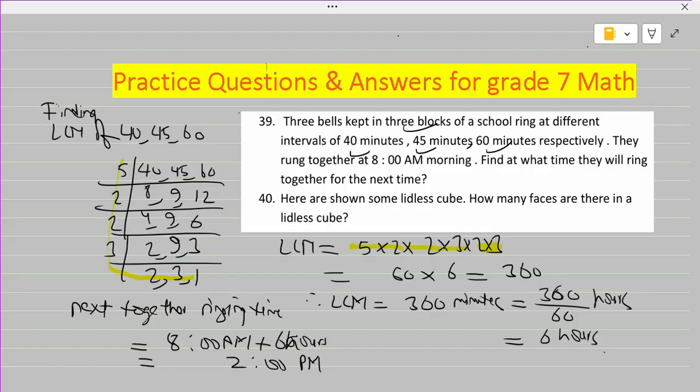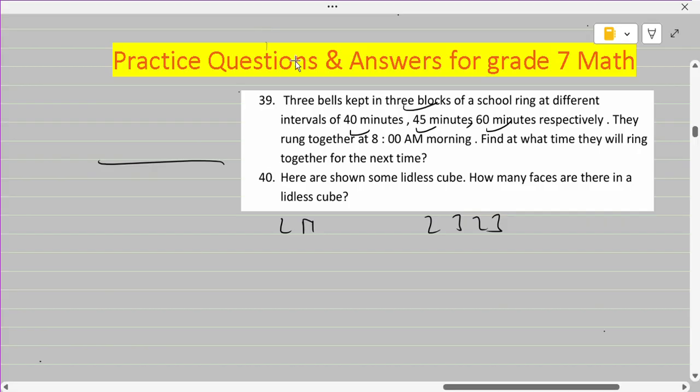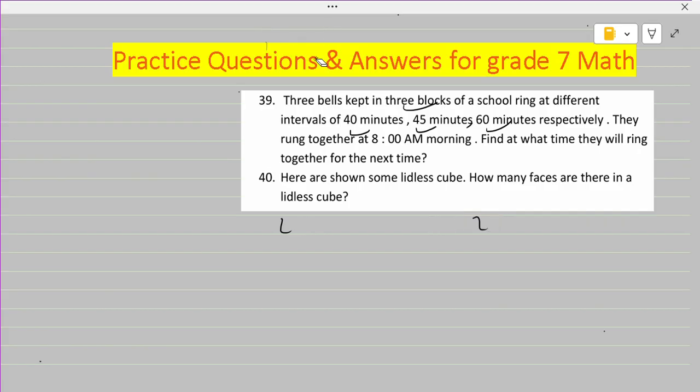So I made it clear with number 39, and I'll go with number 40. Let's make it clear first. Now in number 40, what is this? Here are shown some leadless cubes.